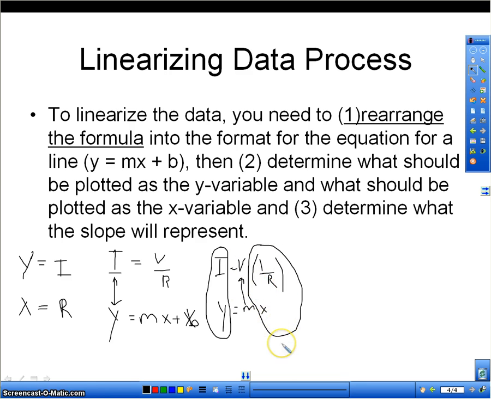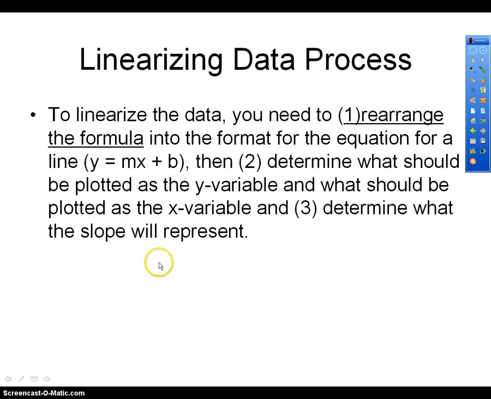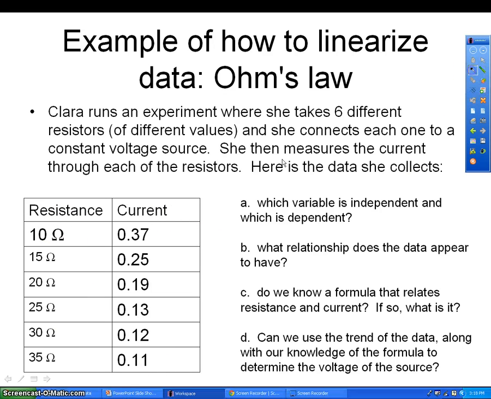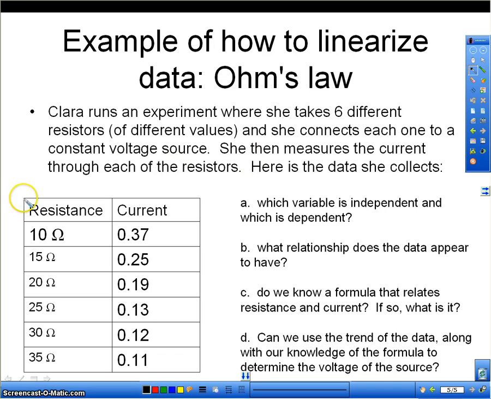So if we take the data back from the previous slide, look at this data. I have all of these currents and all of these resistances. I would make another column, over here to the side, of 1 over r.